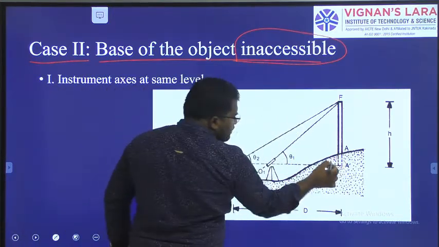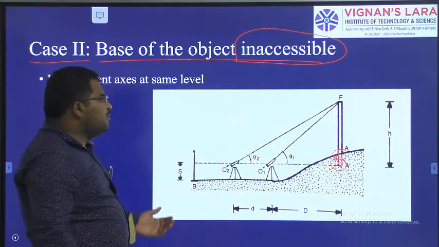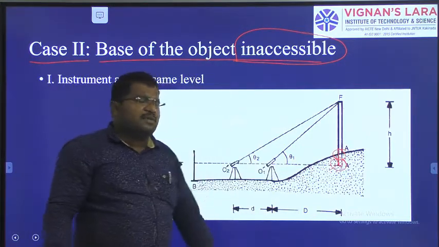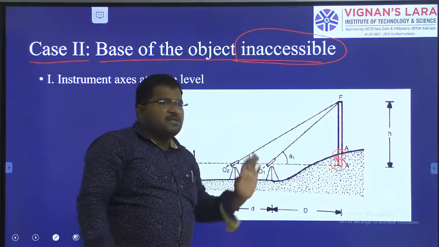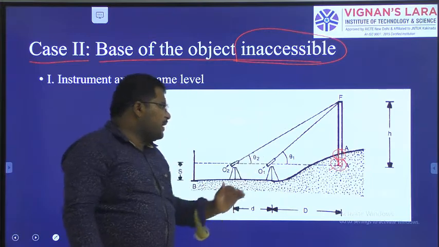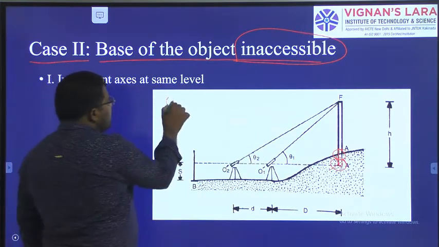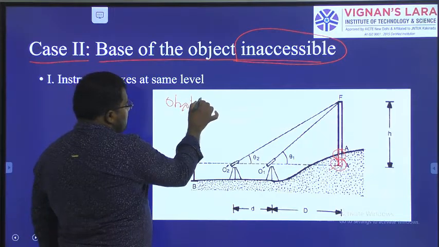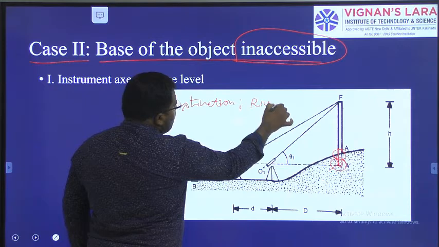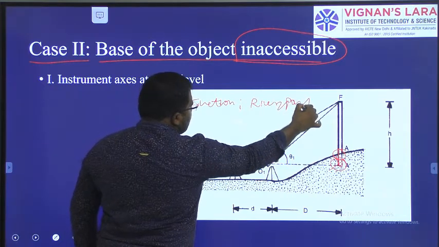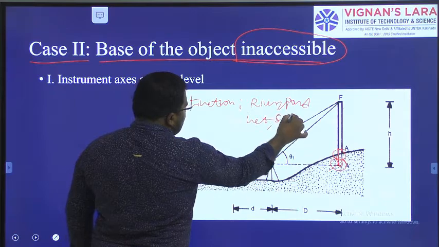This is the base of the object, and we can't measure the distance between these two, from the instrument station to the object. Sometimes there may be obstructions, like a river, a pond, some wetland, or some water body.